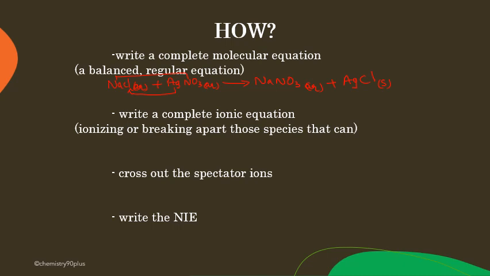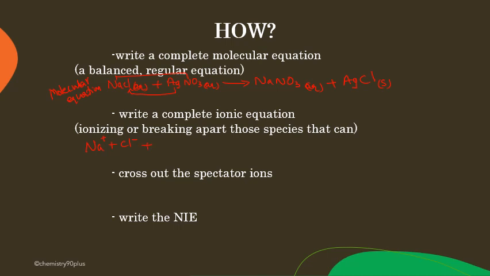After writing the molecular equation, we write the complete ionic equation. For the complete ionic equation, we write the ions. When sodium chloride is dissolved in water, sodium ions and chloride ions form.